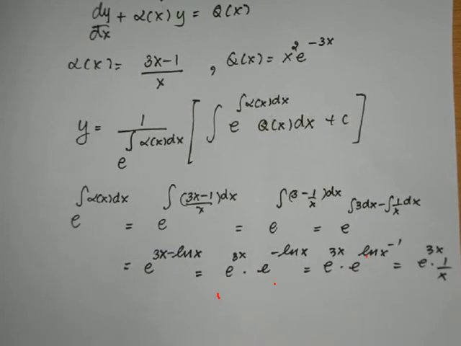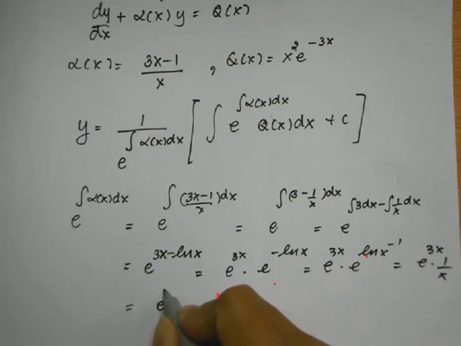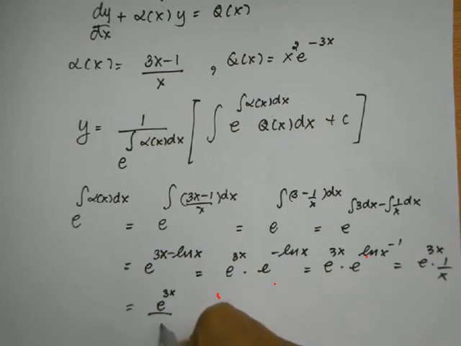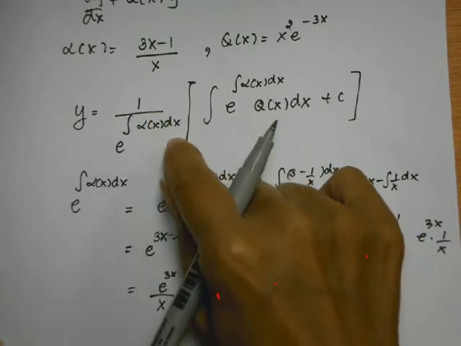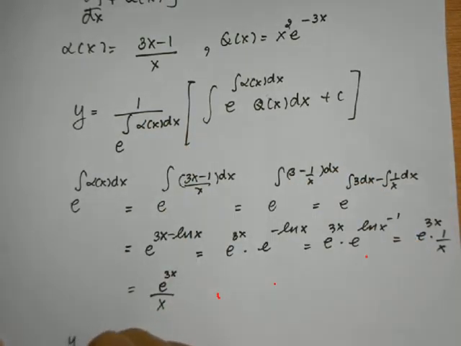So now your integrating factor is equal to exponential of 3x times 1 over x. And then you just plug it back in there, you would get y equal to 1 over exponential of 3x over x.